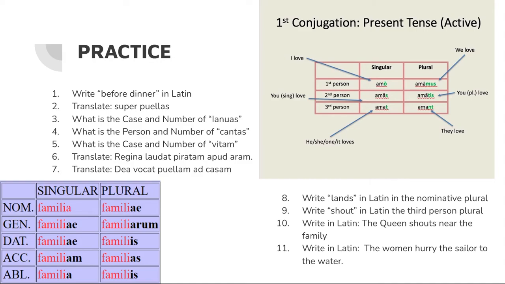So Regina clamat prope. And what does prope take? Prope always takes an accusative. So it would be Regina clamat prope familiam. Because it always takes an accusative, and family is singular, so it would be accusative singular, and that ends with am. So familiam. So Regina clamat prope familiam. That's number 10.